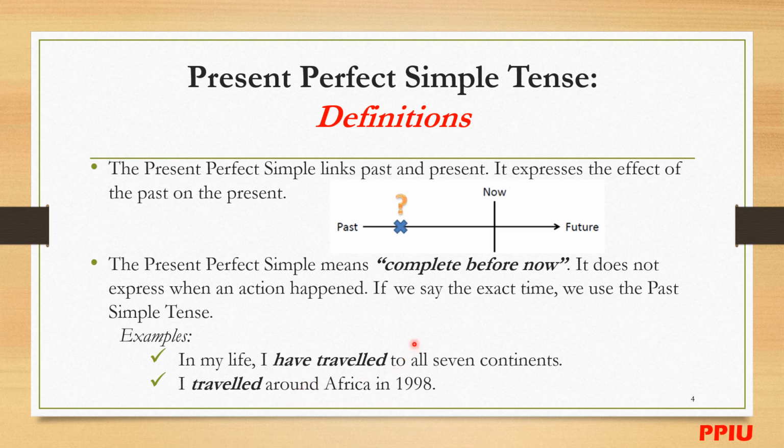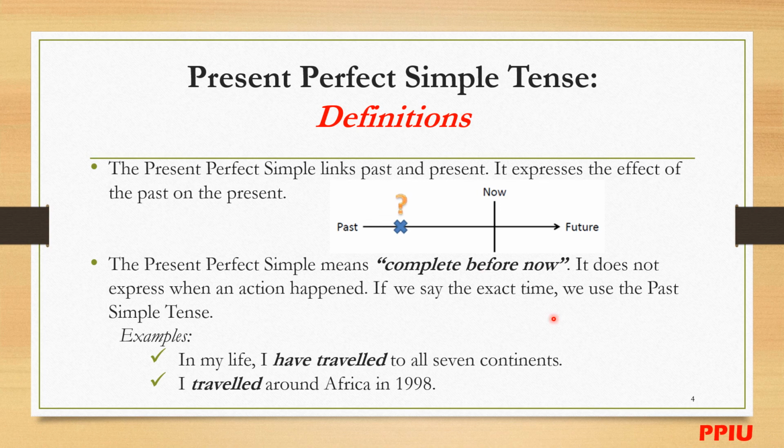So in short, you can recognize the present perfect simple by, first, that it links past and present, and second, that it is complete before now, meaning completed before the present, or as some people say, it is the past form of the present simple, so it finishes before the present simple.